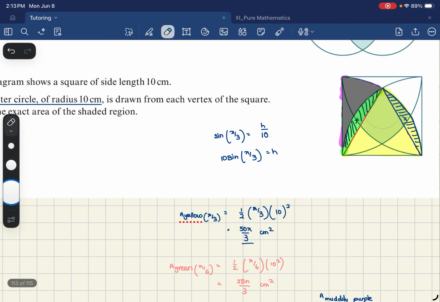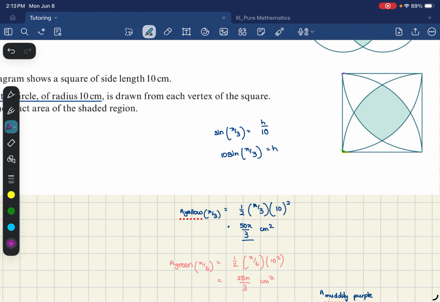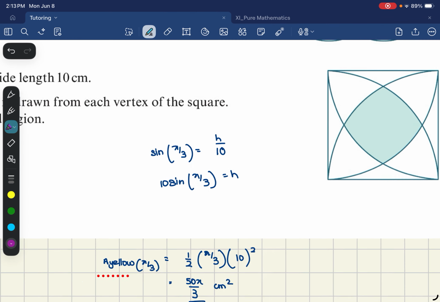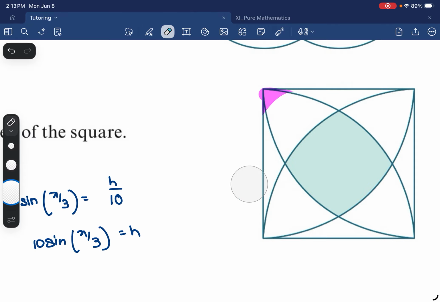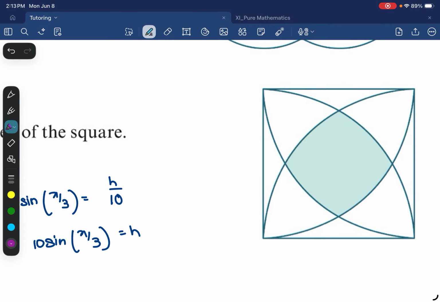And finally, if I erase everything so that I can redraw my parts again, this was the muddy purple section, right? Sorry, it's seeping in, which it shouldn't do. So let me go closer. Let me just color it in with the pencil instead of the highlighter.